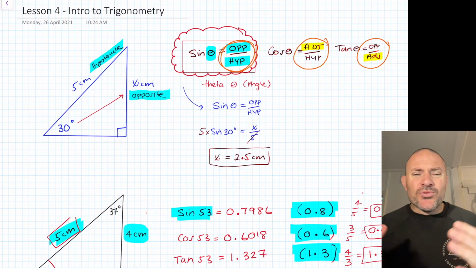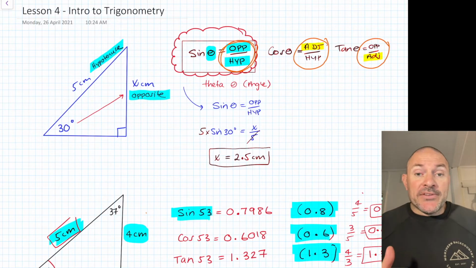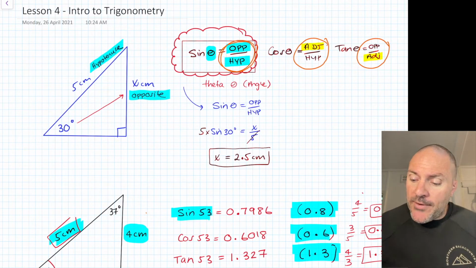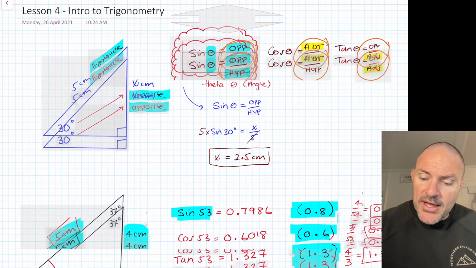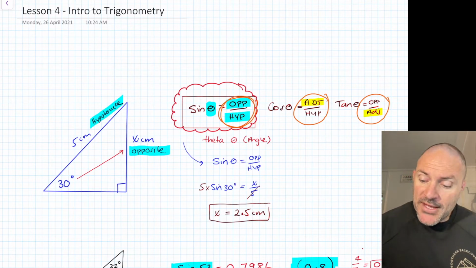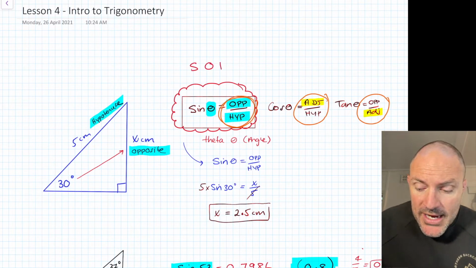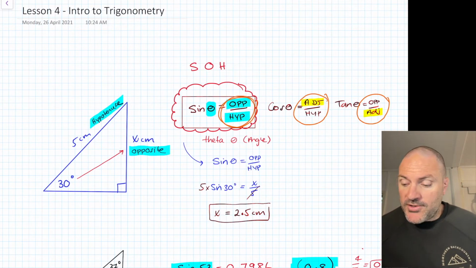Now, of course, these rules are quite long, and I understand that. They will always be given to you, I'll say that. However, sometimes people will use this little term, and I will share it with you because the boys in your class will do it as well. Sine they call SOH, sine opposite over hypotenuse.